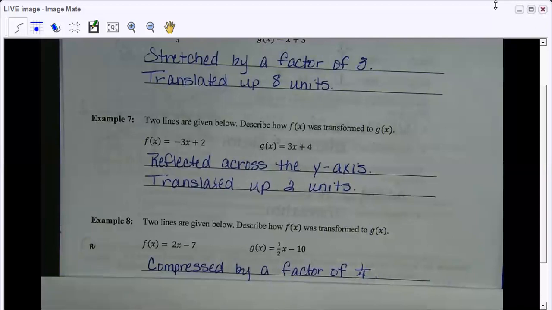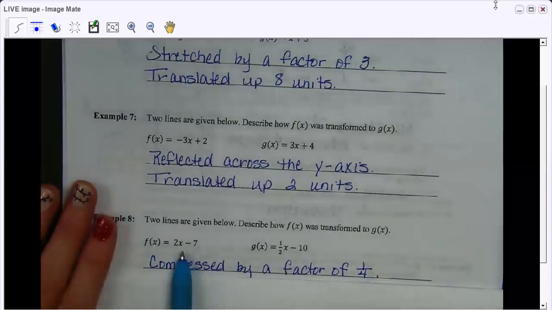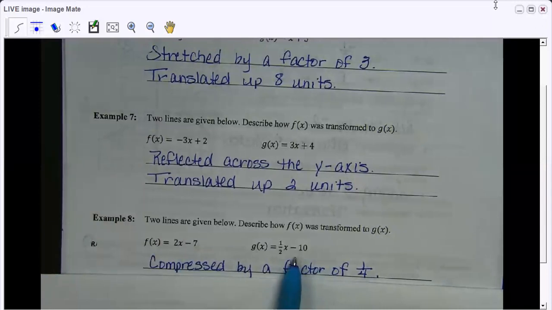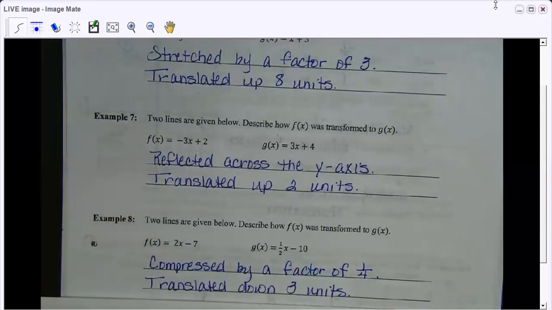And then what did we do to our y-intercept? Mason? We did translate, but when you go from a -7 to a -10, down 3. Translated down 3.